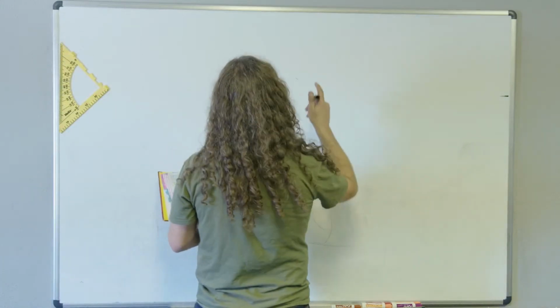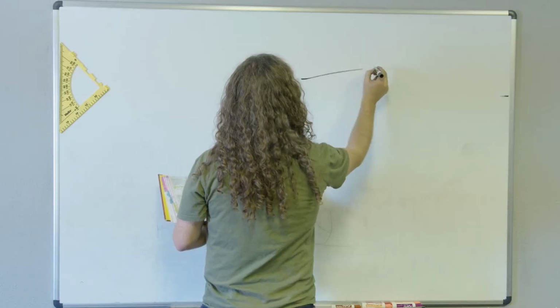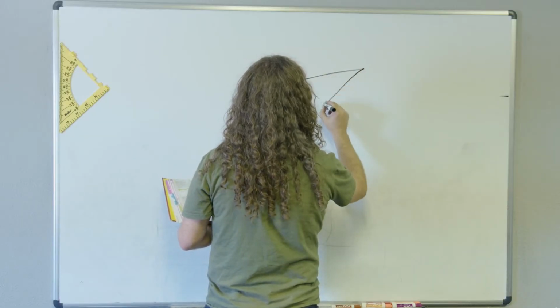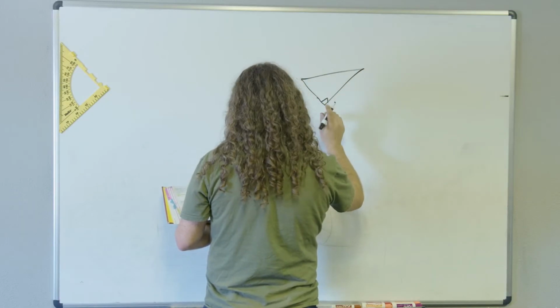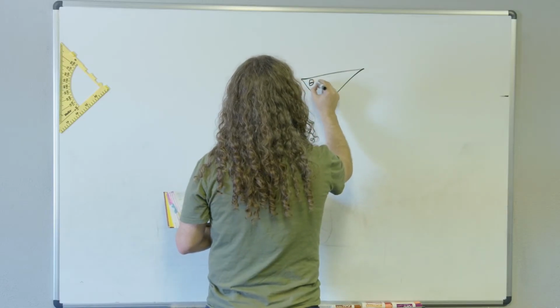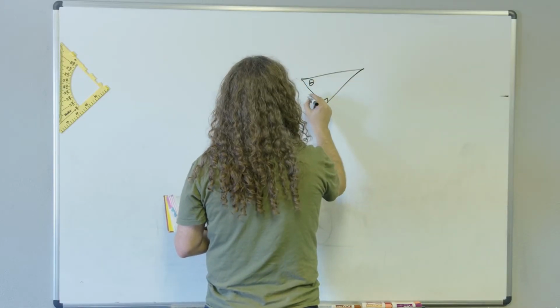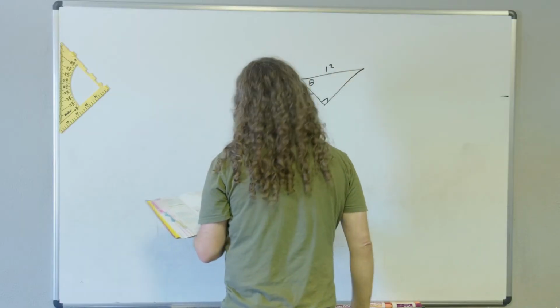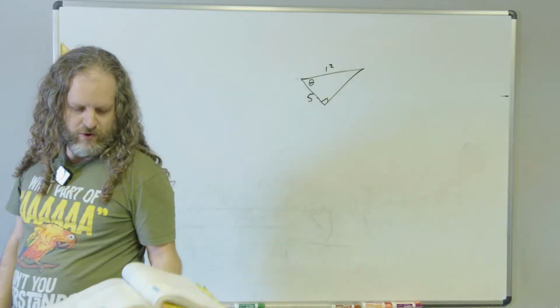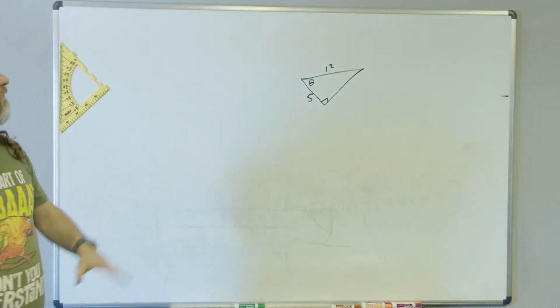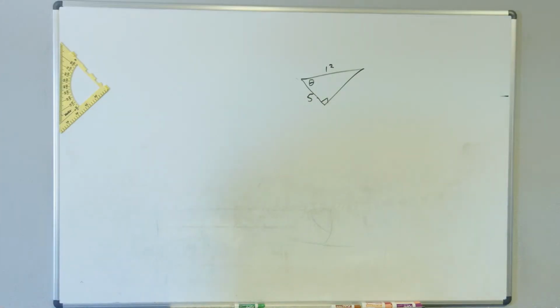Okay? So something like this. Right? This guy. And if we have theta right here, we have a 5 right here and a 12 right here. And we are asked to use the trig function to find the approximate measure of theta and round to the nearest degree if necessary.